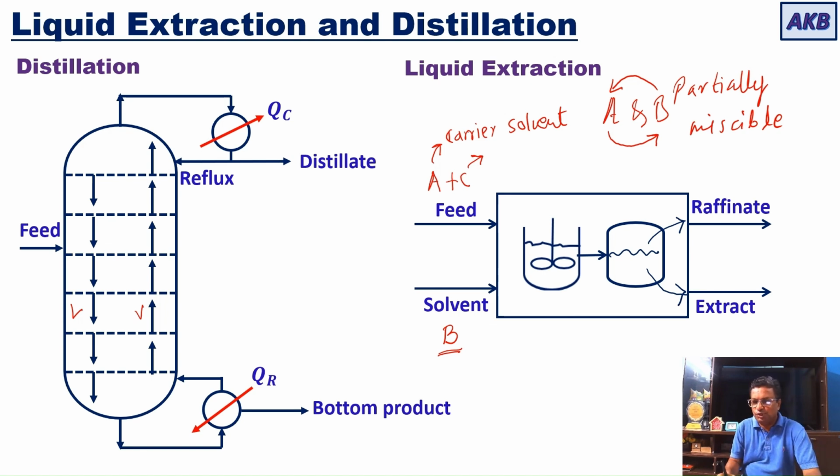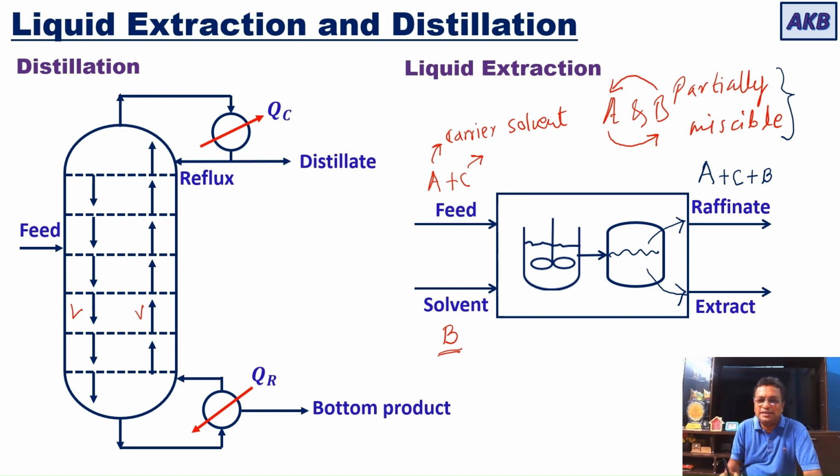And what do you have in the raffinate layer? The major part of the raffinate layer will be A. There will be some unextracted solute that may be present in it, and a little amount of B that may be getting dissolved in A. Why? Because we have said that A and B, they are partially miscible in each other.